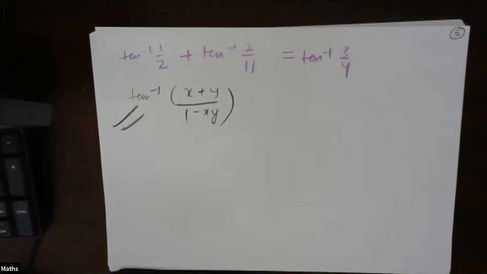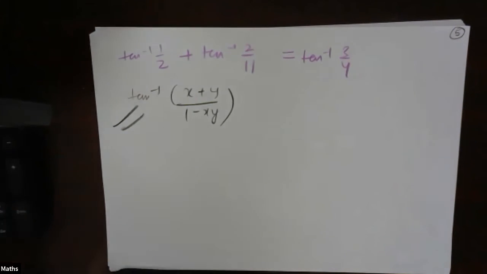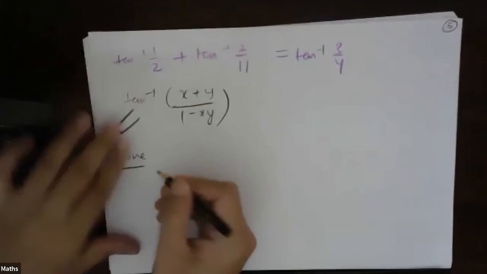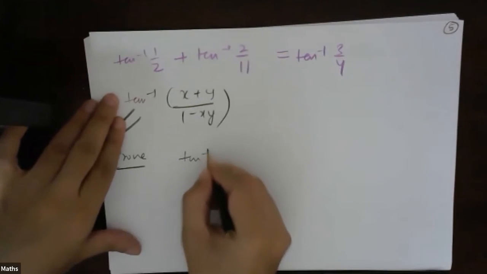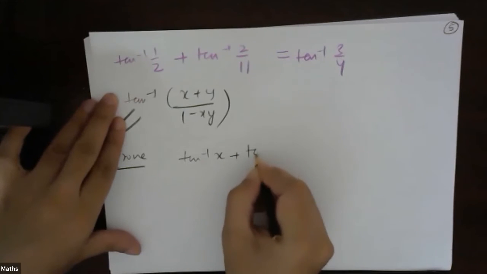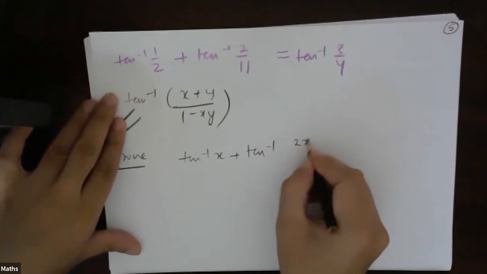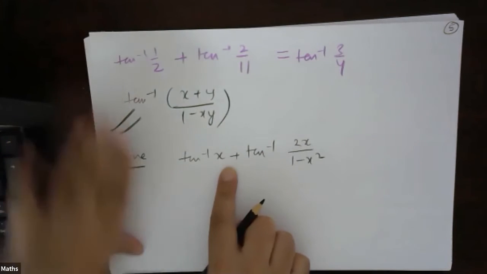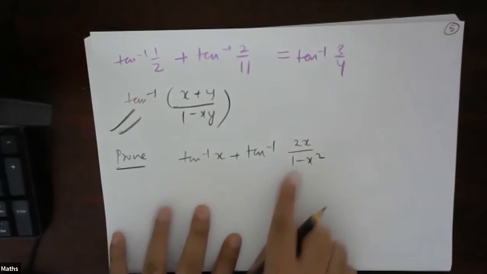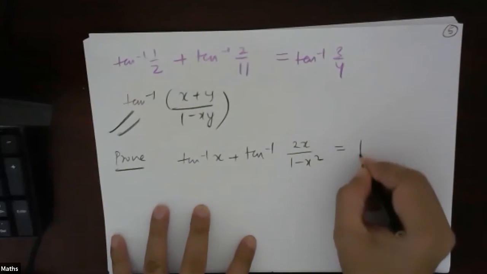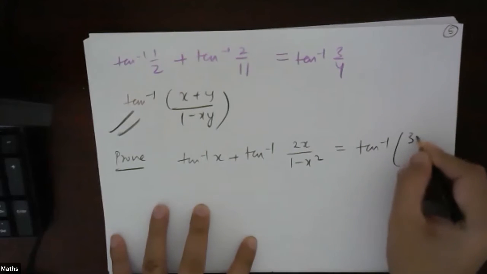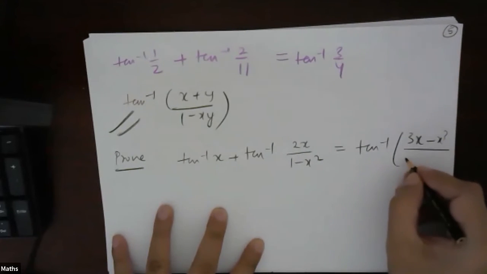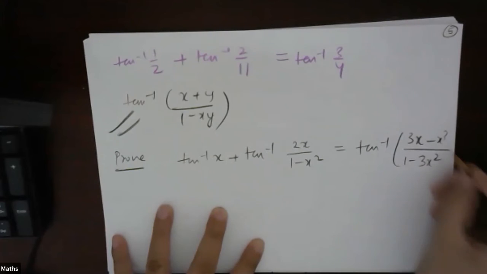So they have given that prove tan inverse of x plus tan inverse of 2x upon 1 minus x square is equal to tan inverse of 3x minus x cube upon 1 minus 3x square, right?